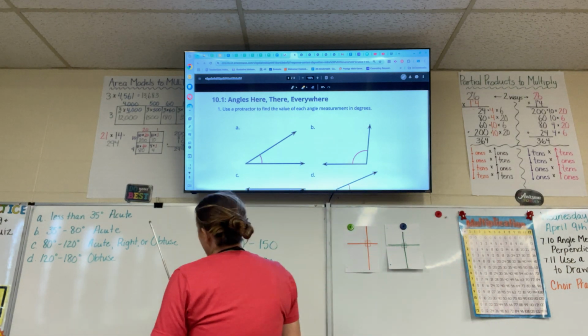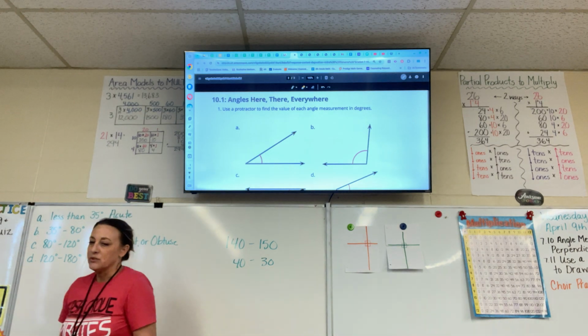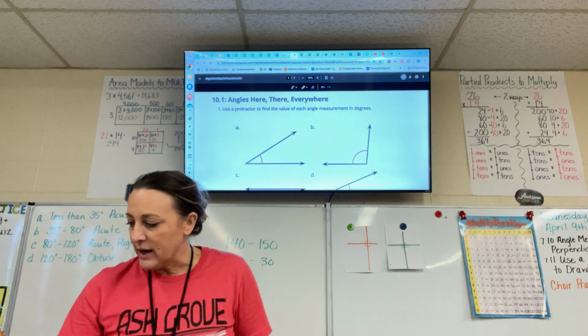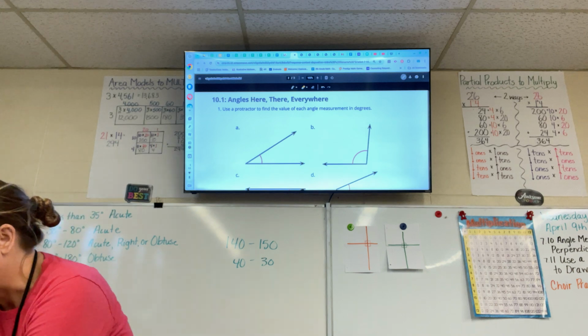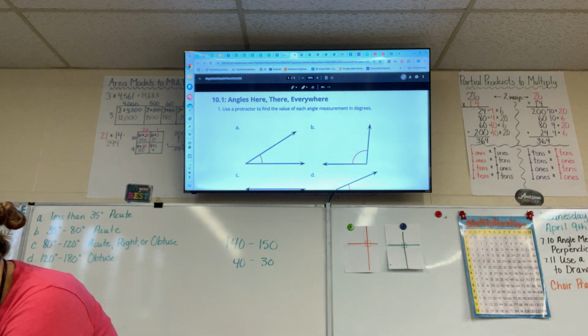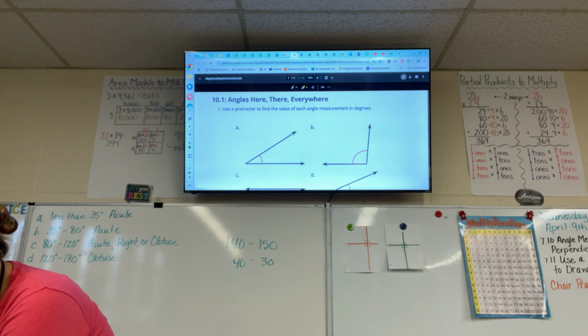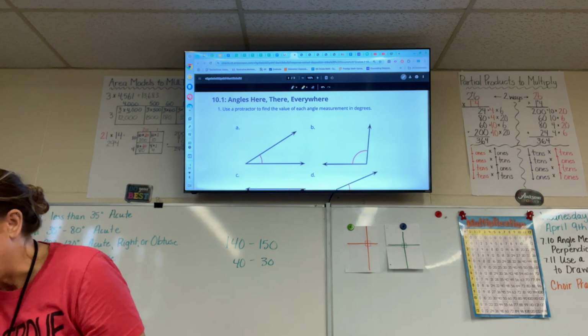Okay, so I want you guys to measure this angle with your protractor and see what you get. So you line it up just like that. Do you see how it's just barely past that 30? So what would you say this angle is, Cameron?